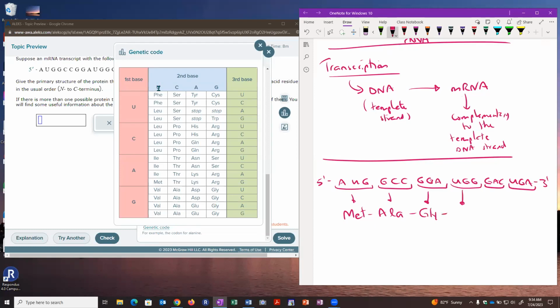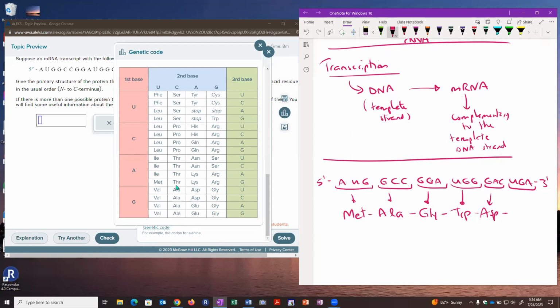UGG codes for what? The first letter is U, the second is G, and the third letter G is TRP, which is tryptophan. GAC codes for, G is the first letter, A is the second, C is ASP, which is aspartate.